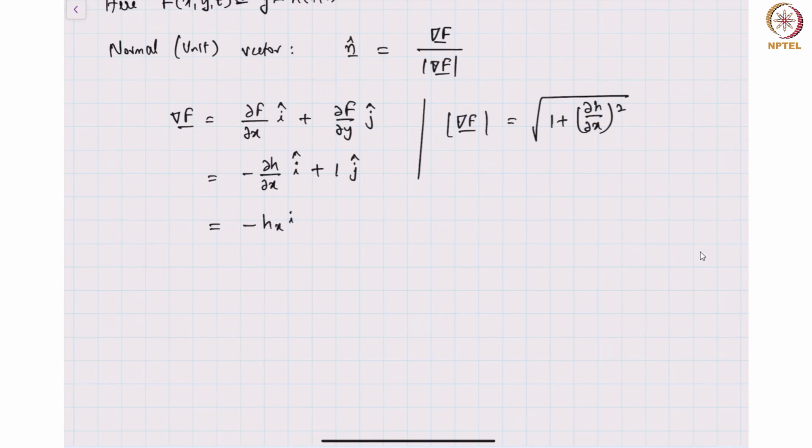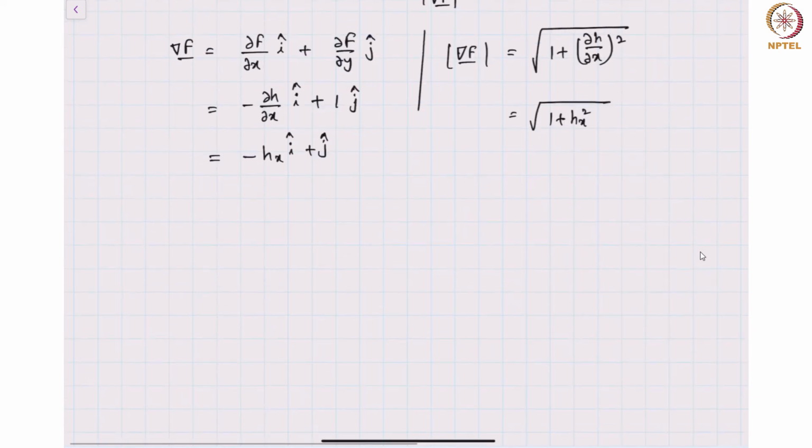We'll call it hx, so the gradient is hx i hat plus j hat, and its magnitude is the square root of 1 plus hx square. Therefore, the normal vector would be minus hx i hat plus j hat, divided by the square root of 1 plus hx square.